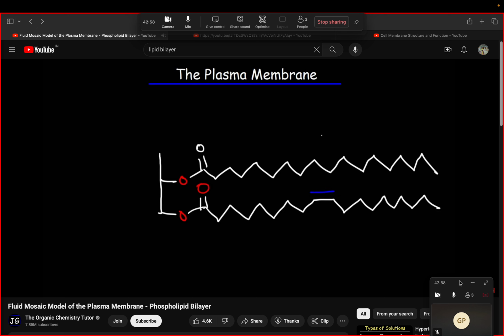In this example, the first fatty acid, which is this one here, is a saturated fatty acid because it doesn't have any double bonds. The second one is an unsaturated fatty acid because it has a double bond.